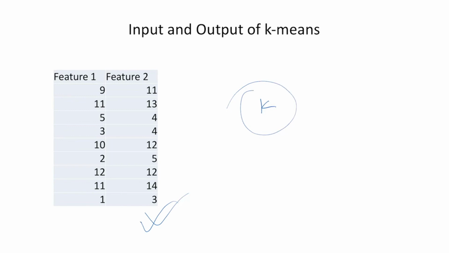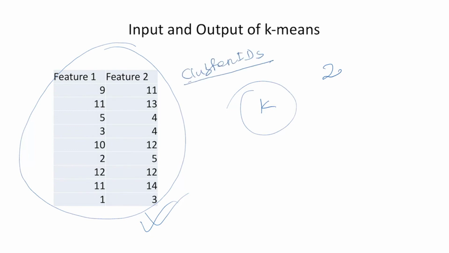So if k is, let's say, 2, that means it is expected that the algorithm will give 2 clusters. Then the algorithm will take this data and it will assign a cluster ID to every row of this dataset. The output of the algorithm would be cluster IDs for all the rows.